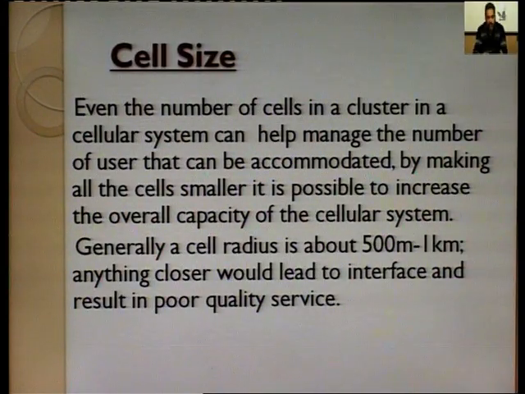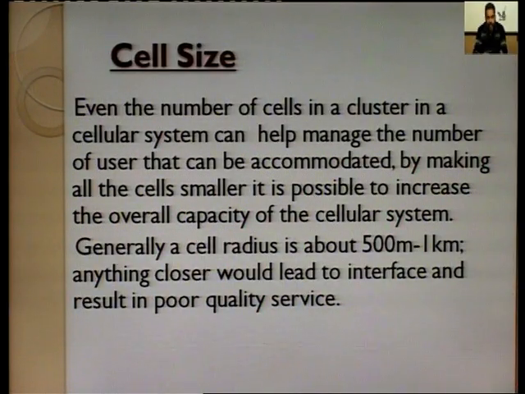Generally, a cell radius is about 500 meters to 1 kilometer. Anything closer would lead to interference and result in poor quality service. So, 500 meters is approximately the minimum cell radius, and it can vary up to 1 kilometer.